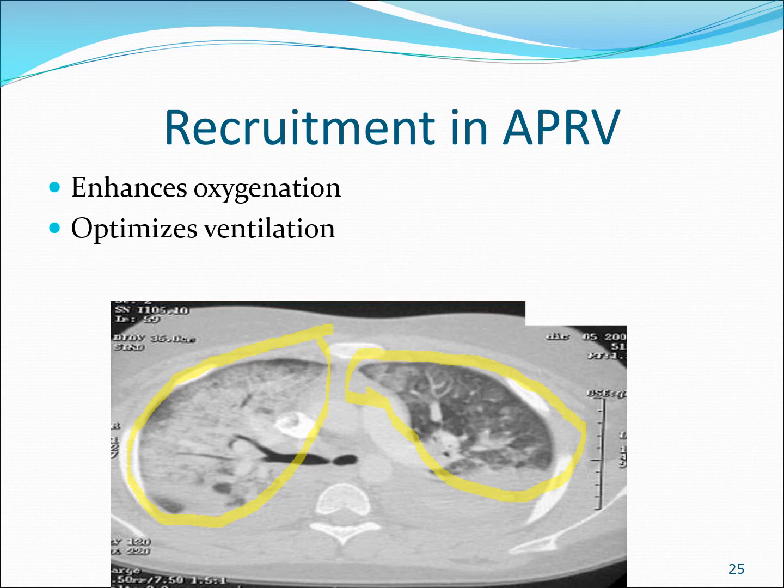So the bottom line is APRV, because of the P high and the T high, pressure high and time high, allows more time for collapsed alveoli to pop open. What this does is improve oxygenation and optimize ventilation, which is CO2 removal, all with a lower minute ventilation.